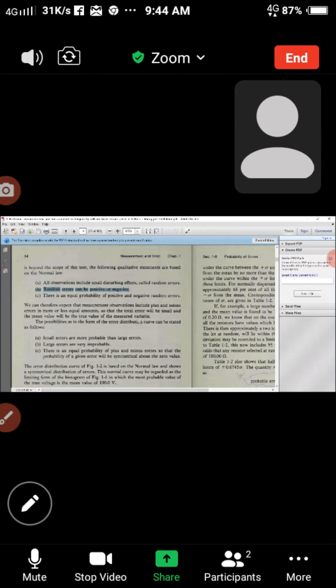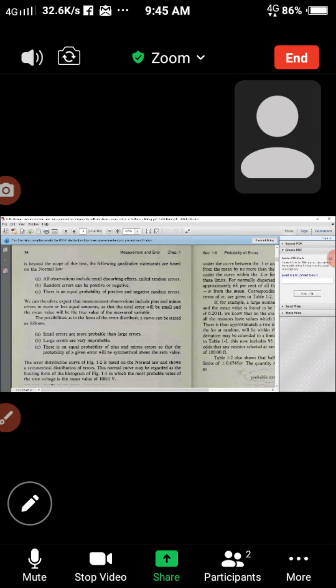And thirdly, there can be equal probability of positive and negative random errors. It is bell shape, means from the central 100 volt it is same or duplicate at negative side and positive side. So probability is equal across positive and negative random errors.